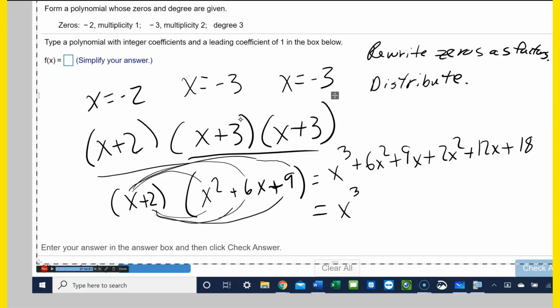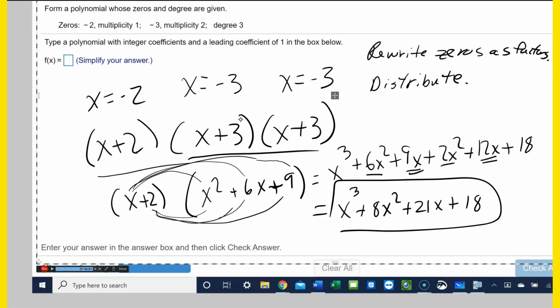I combine like terms now. X cubed, the 6x squared and the 2x squared makes plus 8x squared. The 9x and the 12x makes plus, what is that, 21x, plus 18. So this is my answer. Let me go back and type that in.